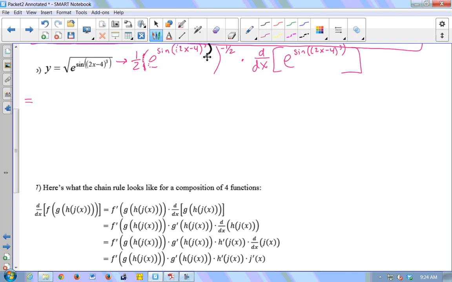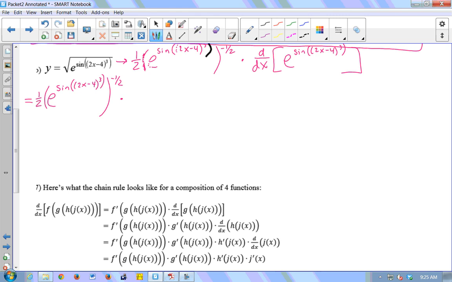Okay, so I still have this same first factor. Okay, now I have to take the derivative of e to the sine of 2x minus 4 cubed.